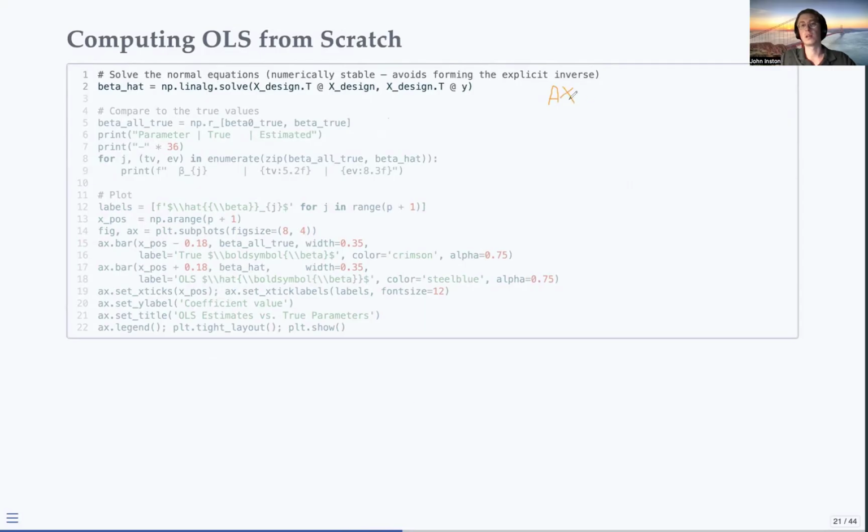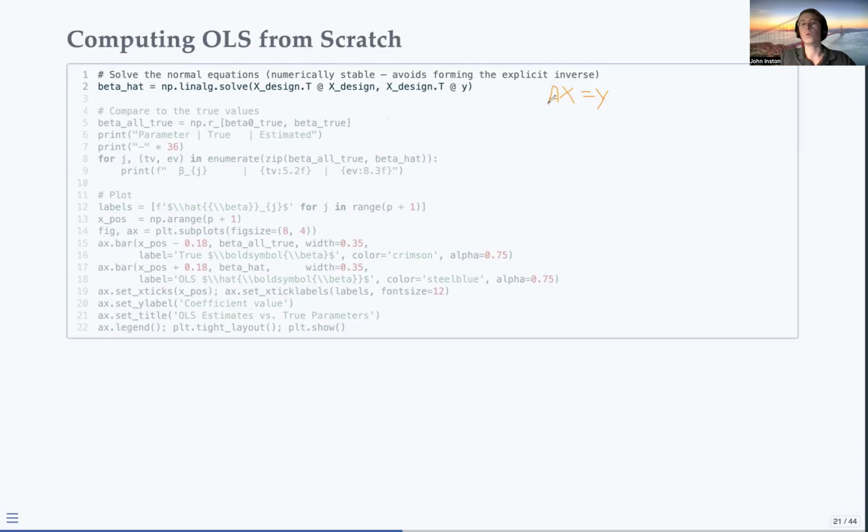It's assuming you're plugging in a system like this: AX equals Y, where X and Y are some matrices and A is what you're solving for.